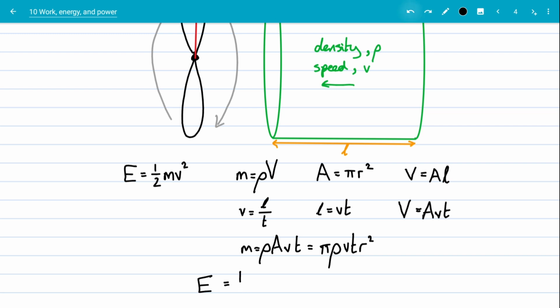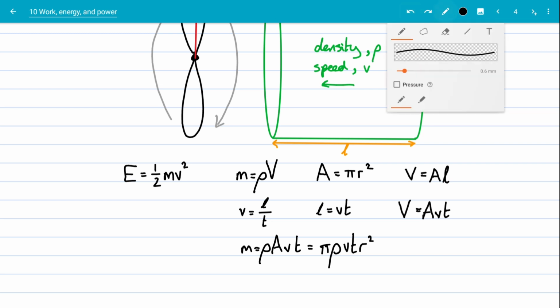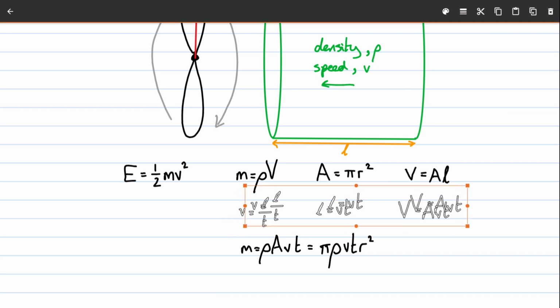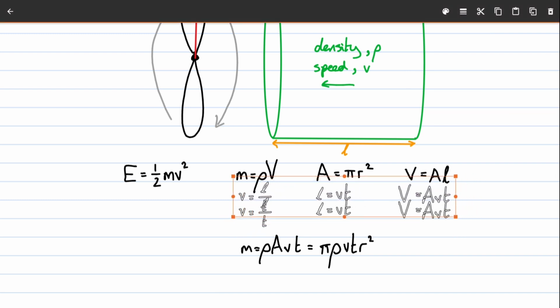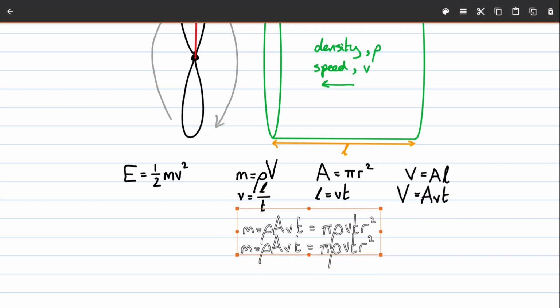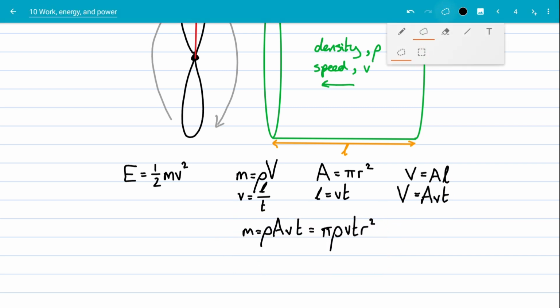In fact, let's bunch it up a little bit, because I'm going to need a little bit more room. Let's pop it up there. Right, so we can say that the total energy is equal to 1/2 times pi rho v t r squared v squared.